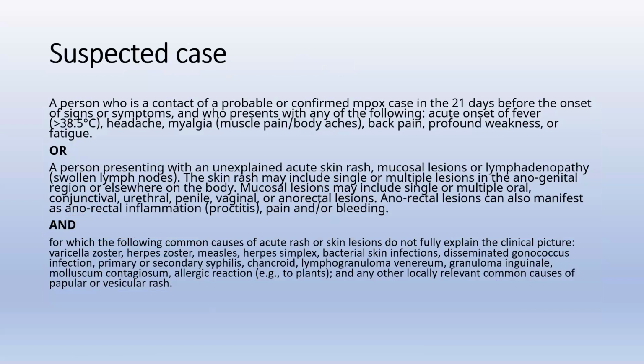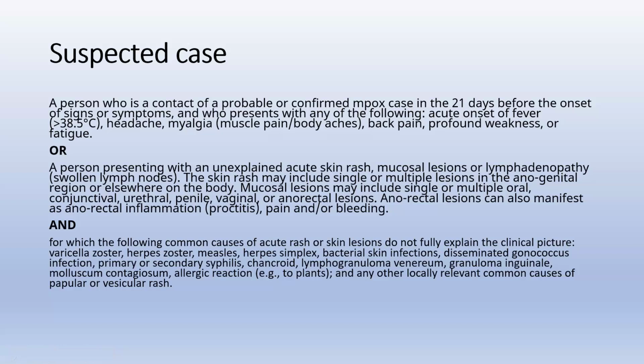About case definition, this is a bit wordy, but we'll go through it. So who's a suspected case? A suspect is a person who is a contact of a probable or a confirmed Mpox case in the last 21 days before the onset of signs and symptoms, and who presents with any of the following: either an acute onset of fever, headache, myalgia, back pain, profound weakness, or a person who's presenting with an unexplained acute skin rash, mucosal lesions, or lymphadenopathy.